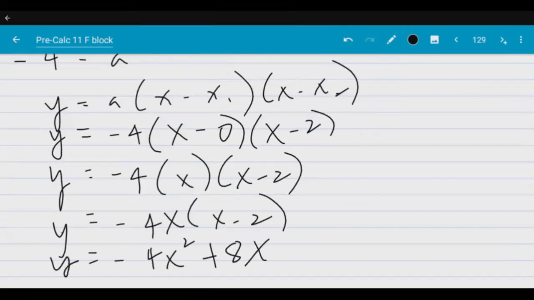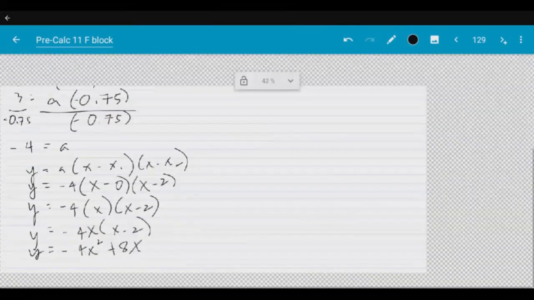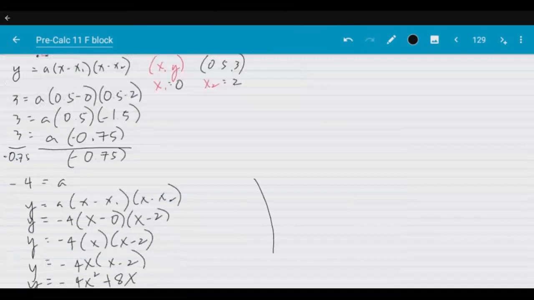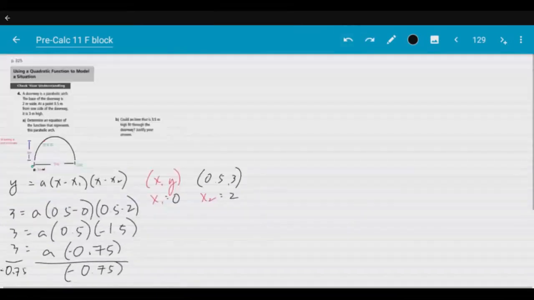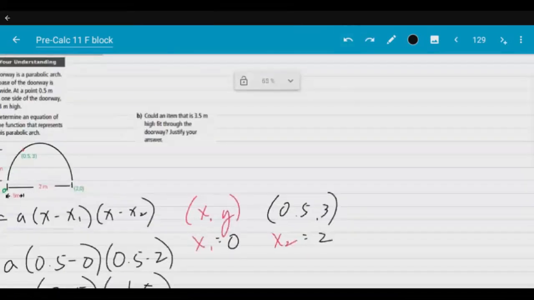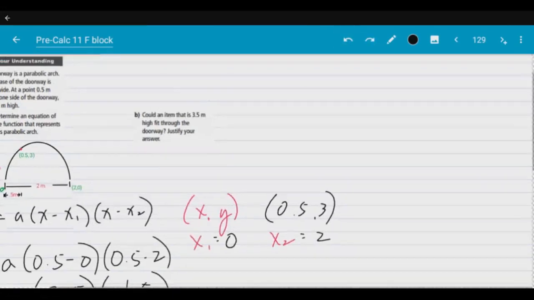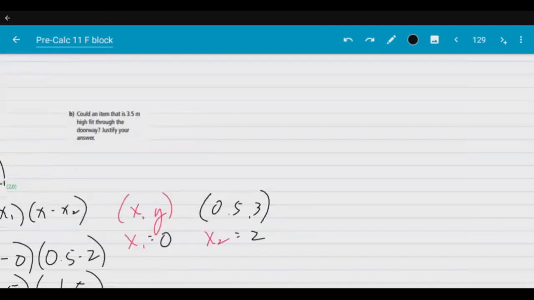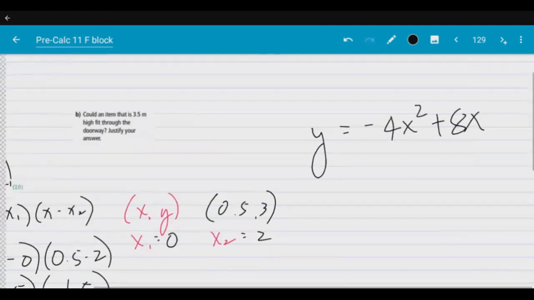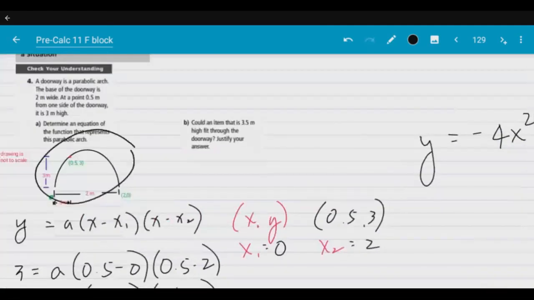Now, the question is, in letter B, if there was an item that is 3.5 meters high, would it fit through the doorway? All right. So guys, our equation is y equals negative 4x squared plus 8x. That is the equation that represents the parabola right here.